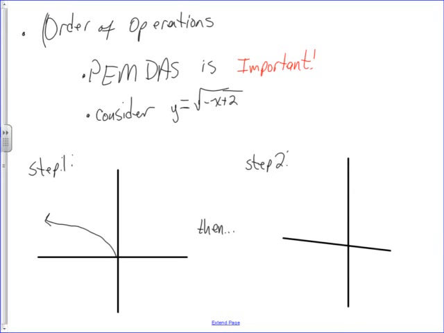The only time a positive is a right shift is when you first did a horizontal reflection.